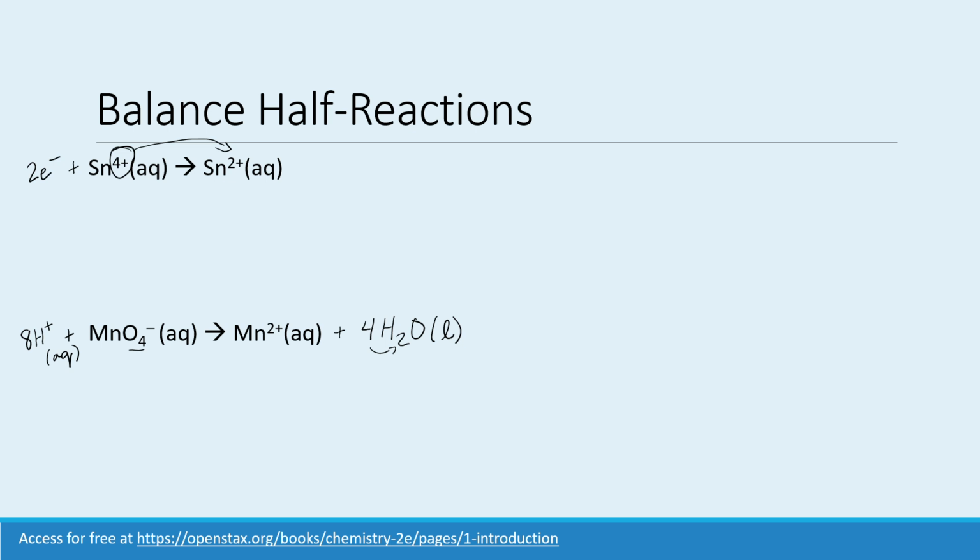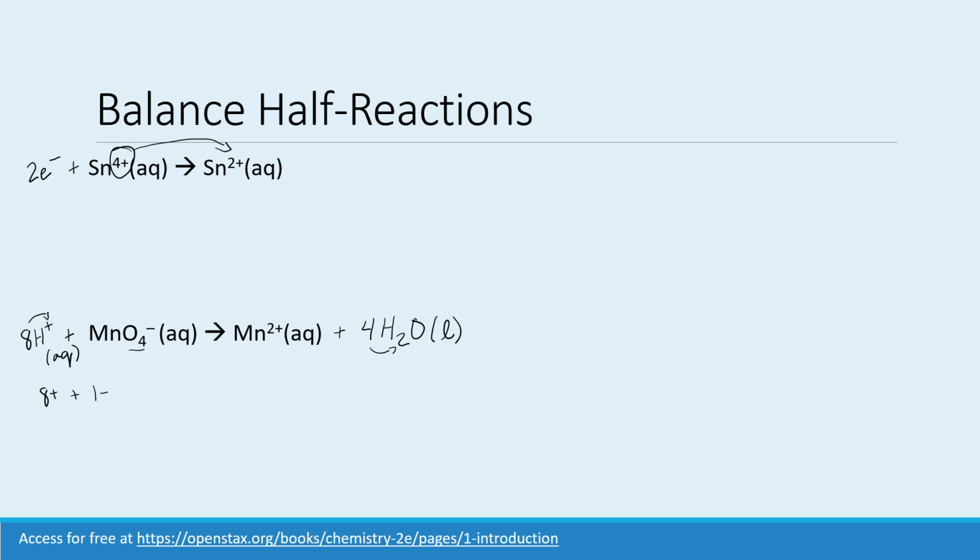And then the last step is to balance the charge. So if I want to balance the charge, I add up all the charges on the reactant side. So I've got 8+ coming from the hydrogen ions plus a -1 coming from the permanganate ion.